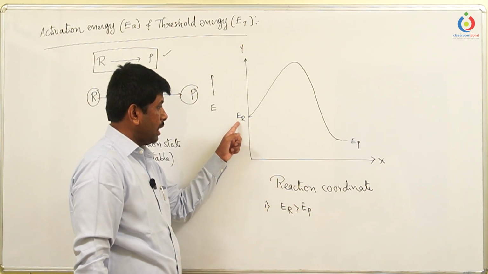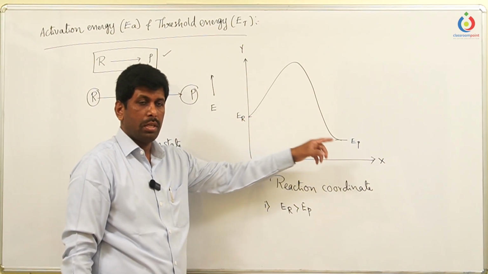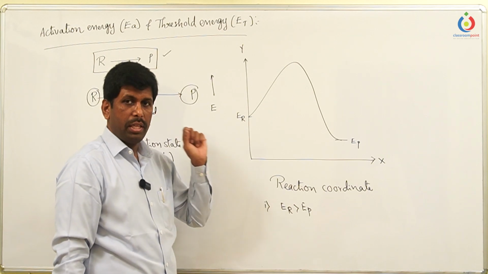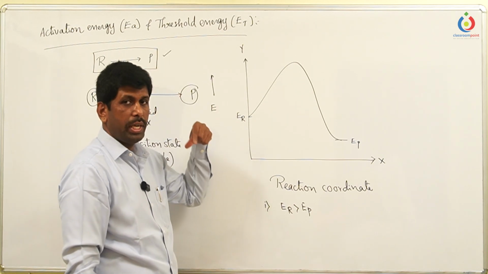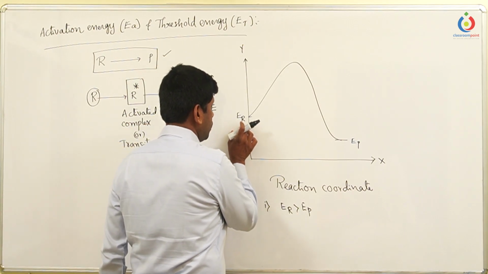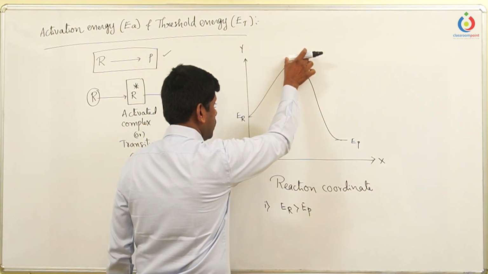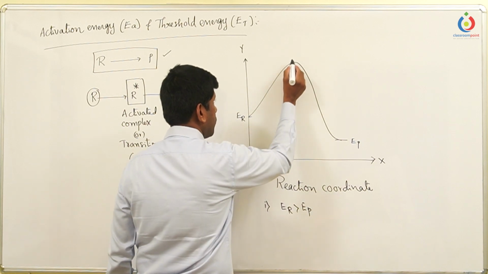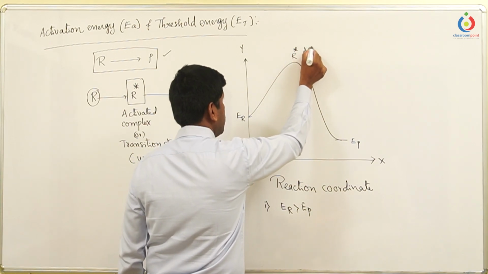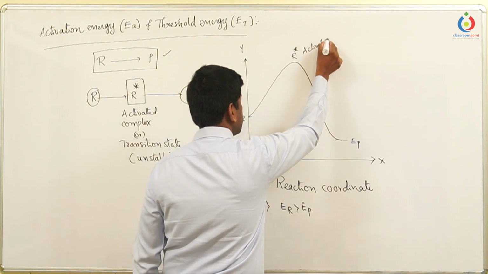Even though the energy of the reactants is more than the energy of the products, reactants are not directly converting into products, because to break the bonds, the reactant molecules have to get activated. So we need to take these reactant molecules into the activation state so that they finally convert into the products. This area is called the activation state or activated complex.